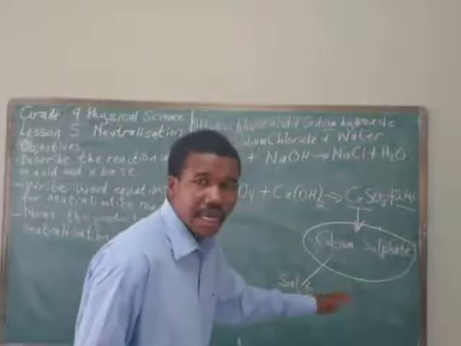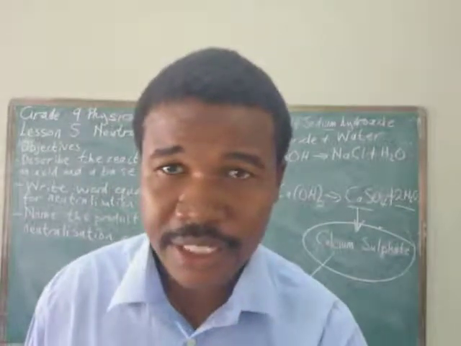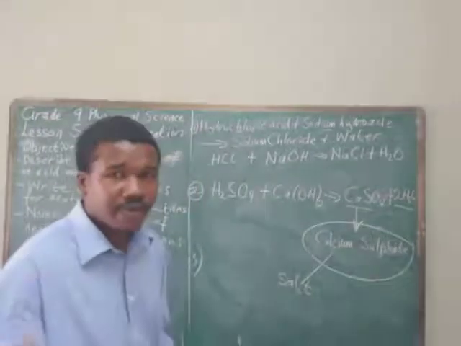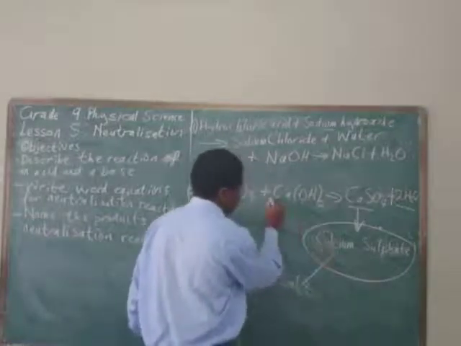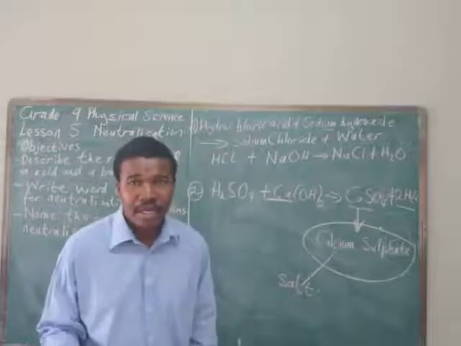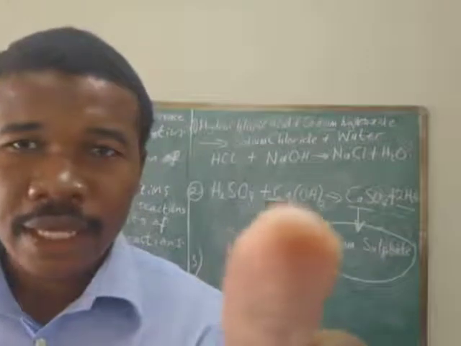So this salt, how do you get the name of the salt? That is something I want us to understand in this lesson as well. You get the name of the salt from the base, the metal that is in the base, because remember you have a base there, that is calcium hydroxide.